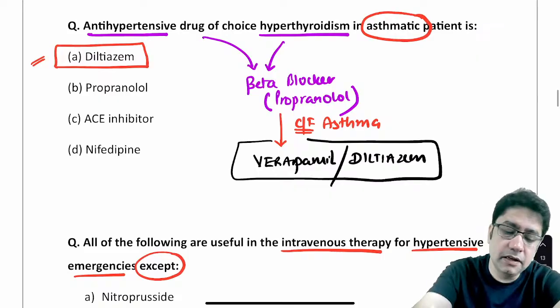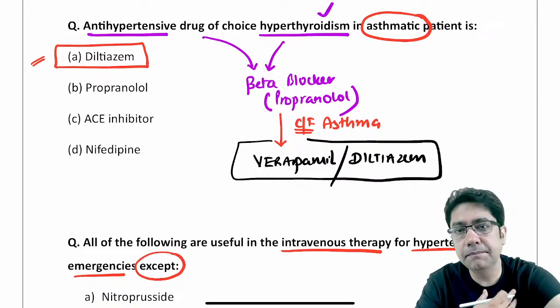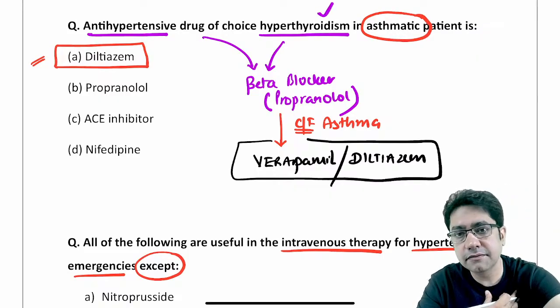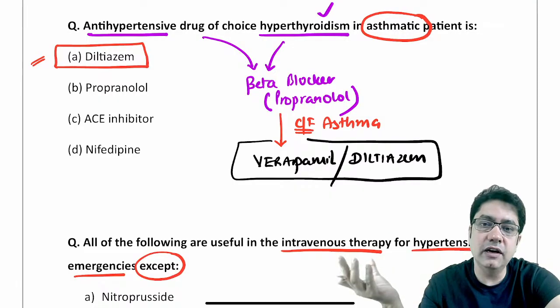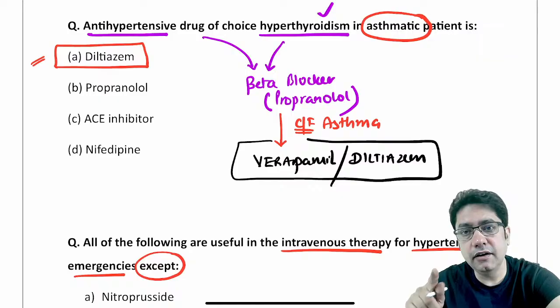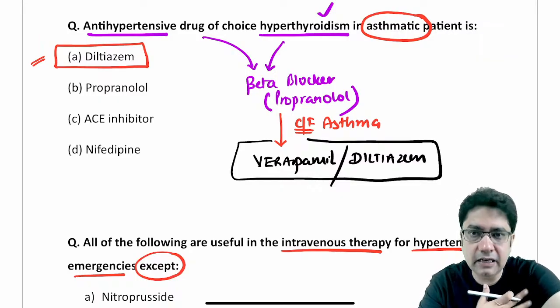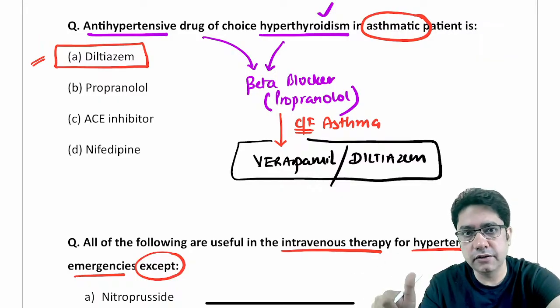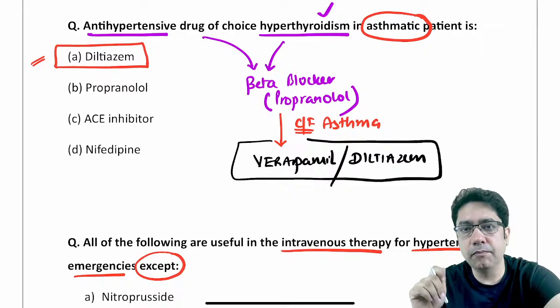In hyperthyroidism, the main feature is the patient is having cardiac arrhythmias and the patient is also having peripheral high blood pressure. So you have to give one drug which can control arrhythmia as well as control the blood pressure. Nifedipine has a problem. Nifedipine only acts on blood vessels.